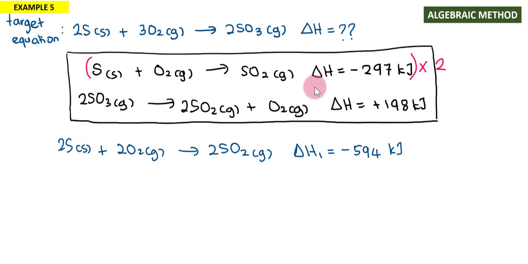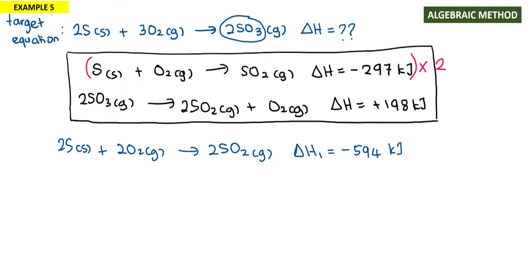For the second equation, here I have 2 moles of sulfur trioxide producing 2 moles of sulfur dioxide and oxygen gas. The reaction is an endothermic reaction. But when I compare it with my target equation, the sulfur trioxide should be my product, but here it is on my reactant side.